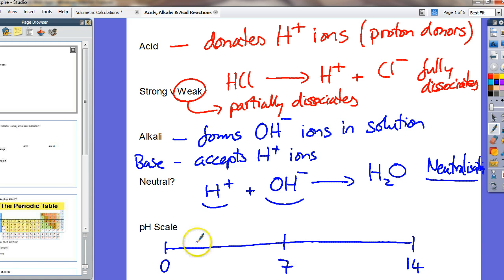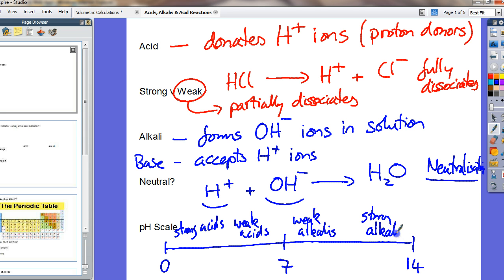Towards 0, we have strong acids, we have weaker acids, we have weak alkalis, and then we have strong alkalis up here, probably above 10 or 11. Strongly acidic is probably below 3.